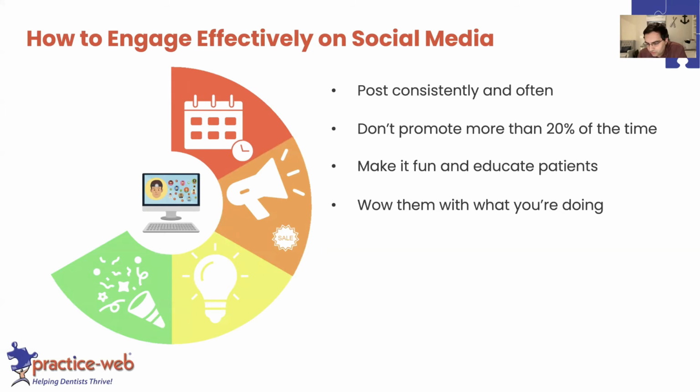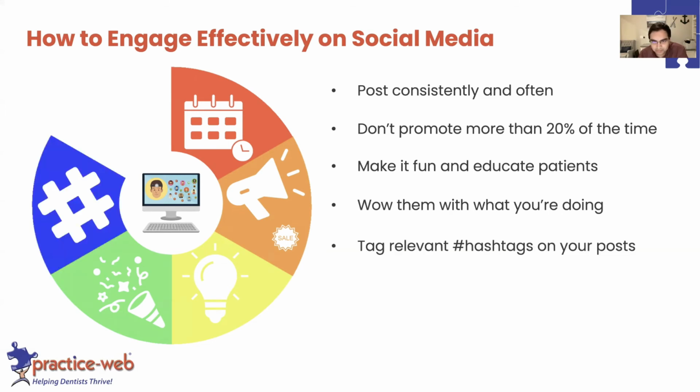Wow them. So if you have a brand new scanner that you're really proud of, a new location that you're building or just moved into, or a really great new provider in the office, a new dentist that has great credentials, people are just having fun, you just wow them and make people excited about it. Tag relevant hashtags on your posts. The reason to do that is it'll get more exposure.